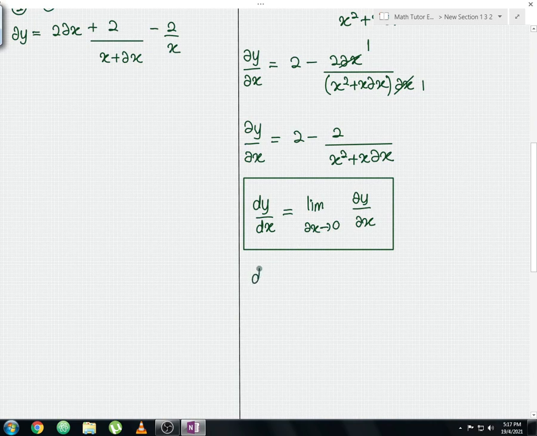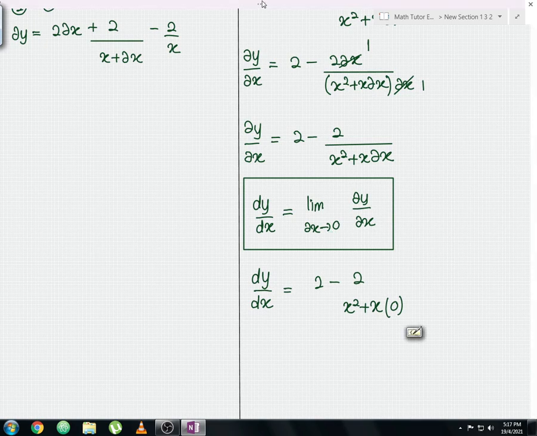So from here dy over dx will be equal to, this delta x equals to 0, we substitute into the delta y over delta x over here. So from here dy over dx will be equal to 2 minus 2 over x square plus x times 0. Why 0? Because we set our limit where our delta x approaches 0.